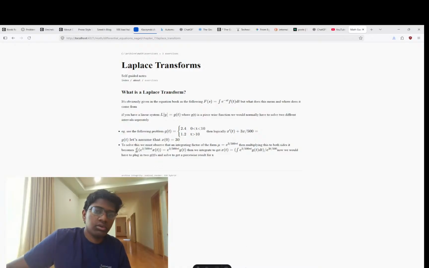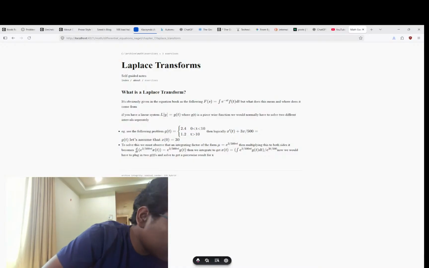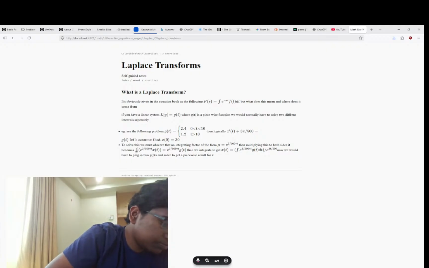Cool. Instead, there's this other method, which is a Laplace transform.